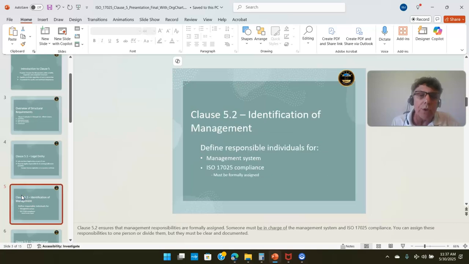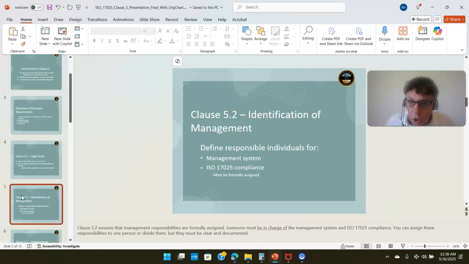Clause 5.2 is really the identification of management. This is where the laboratory must define the roles and responsibility of individuals for, number one, the management system itself, and how the management system is going to ensure compliance to the ISO 17025 standard. This must be formally assigned. So clause 5.2 ensures that management responsibilities are formally assigned.